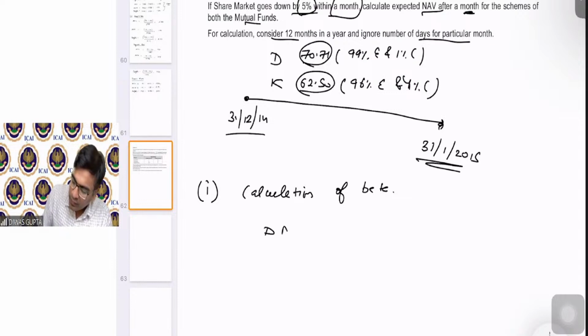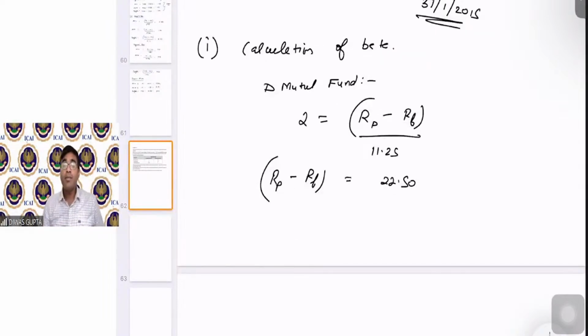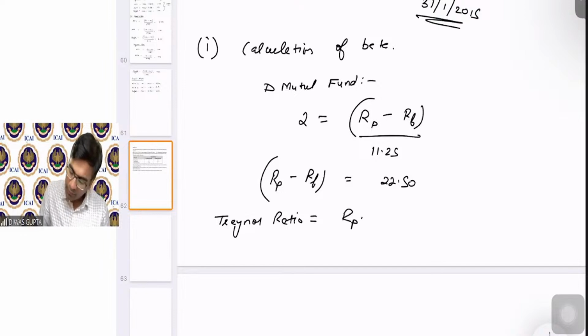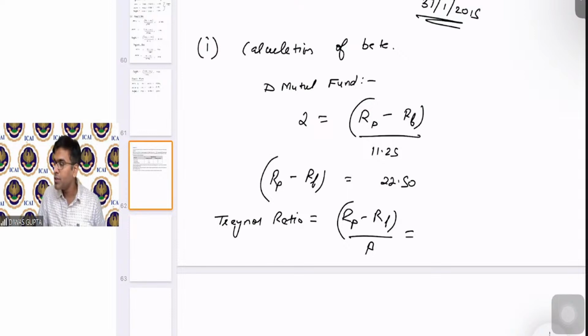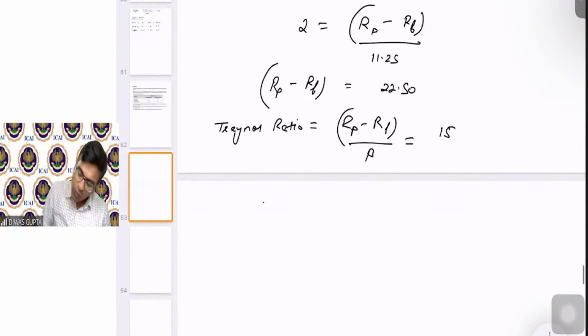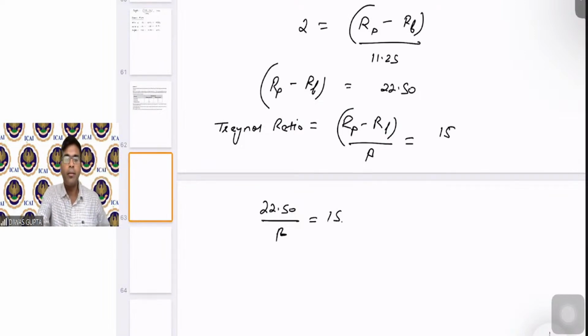So D mutual fund is having a Sharpe ratio of 2. Sharpe's ratio is return on portfolio minus risk-free rate. And can we substitute in our Treynor's ratio? Because Treynor ratio is equal to RP minus RF divided by beta, which is equal to 15. So 22.50 divided by beta is equal to 15. Correct?